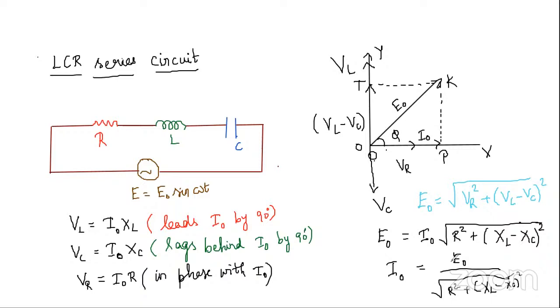Now we will be discussing the impedance. Impedance means the net opposition offered by this LCR circuit. Here you are having inductor, capacitor, and resistor. All the three elements will be giving out a net opposition.